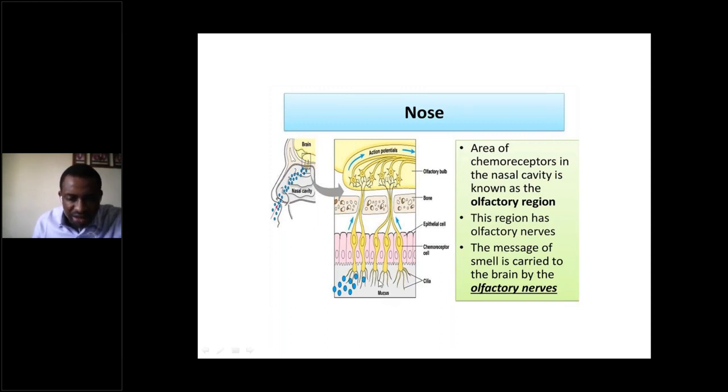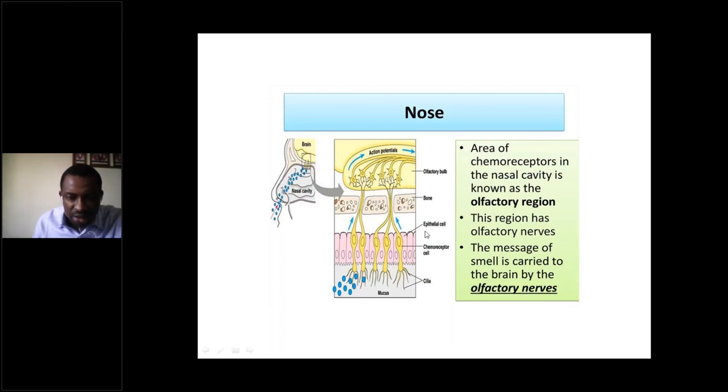The mucus keeps the environment moist. The mucus also reduces the entrance of microorganisms into this system. That's the way God has designed it, fantastic, so that there will be reduction of microorganism penetration. So these are the cilia, and this is the chemoreceptor, inside the nose.